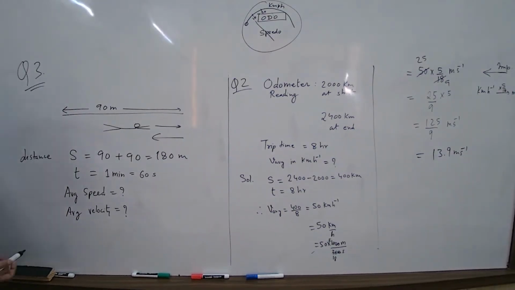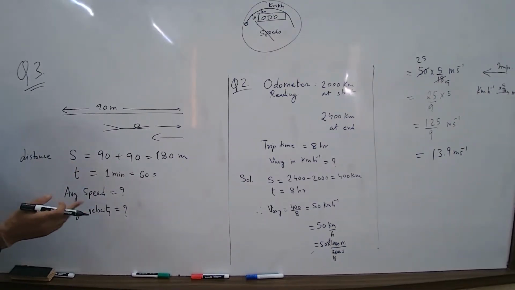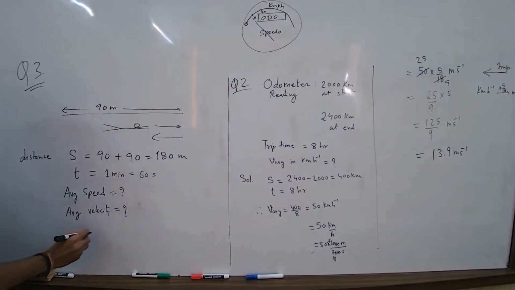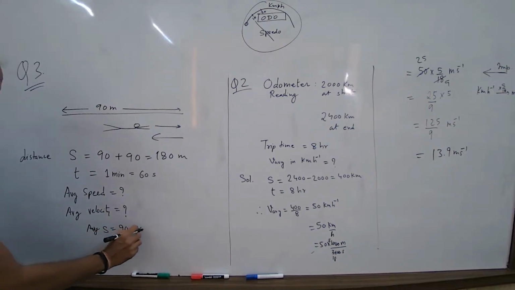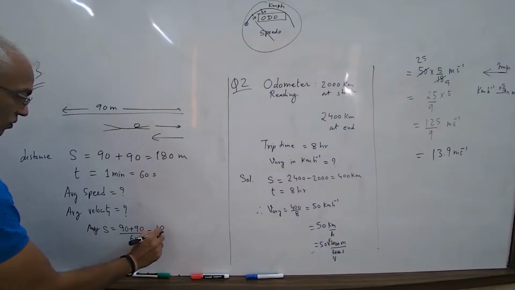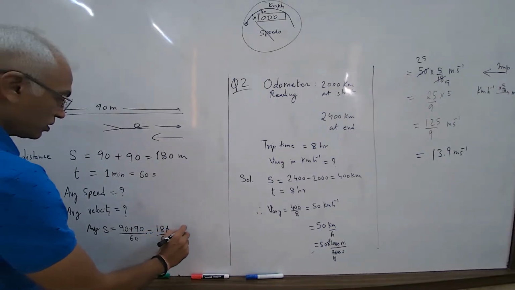So average velocity I can tell you is 0. Okay, 90 minus 90. So most of you got it right. So average speed is 90 plus 90, which is 180 by 60, three meter per second.